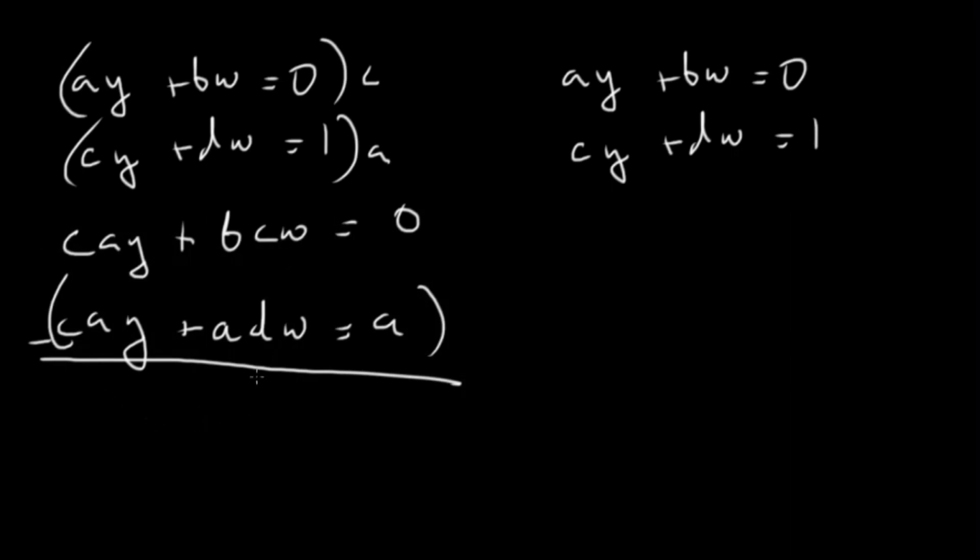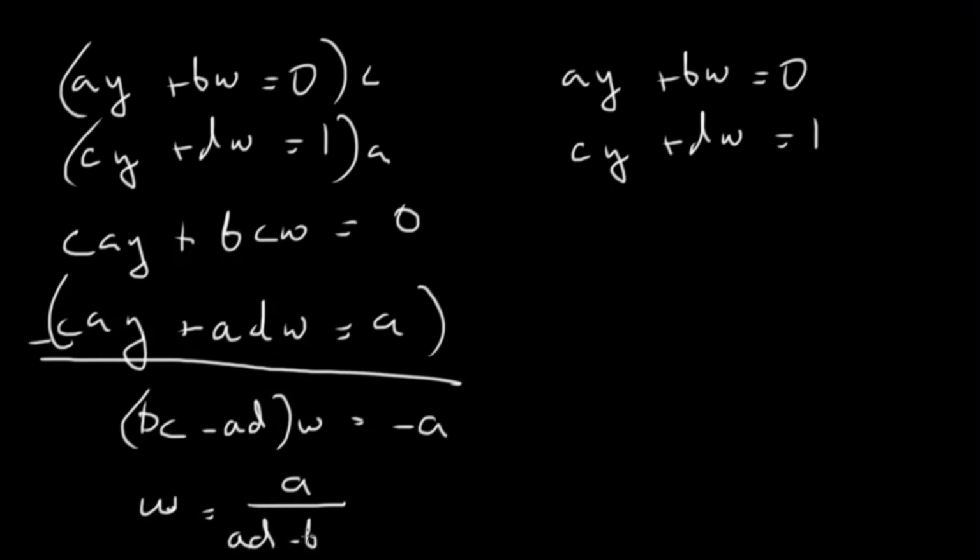I get BC minus AD times W is equal to negative A, and W is equal to A divided by AD minus BC.